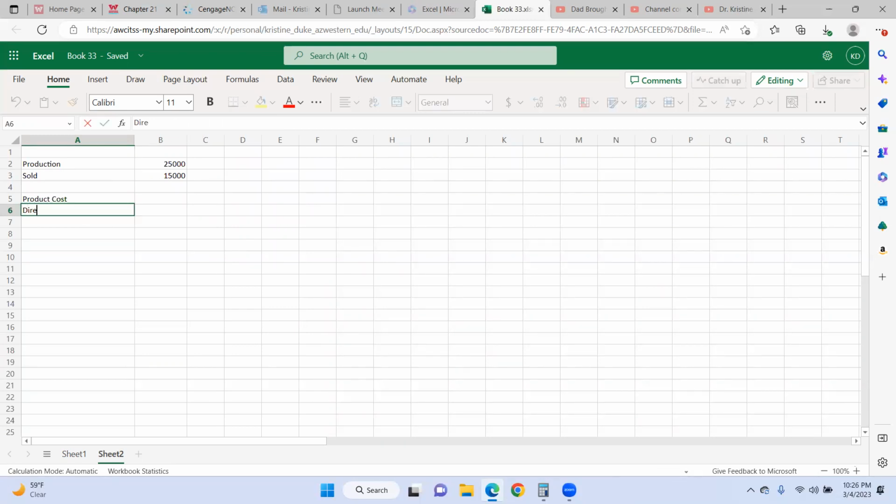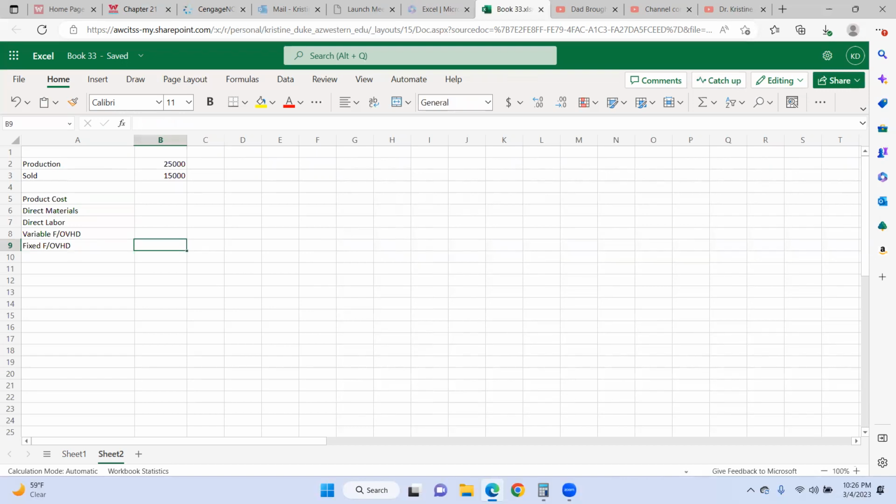So we got our direct materials. We got our direct labor. Variable factory overhead. And we have our fixed factory overhead. That's just another term for what they were using. Okay. Now, I remember our fixed factory overhead was $100,000.